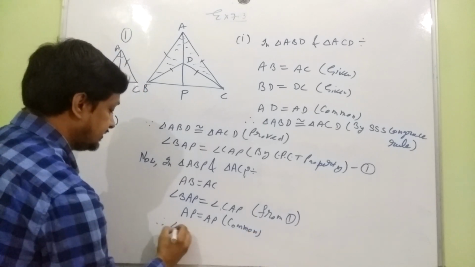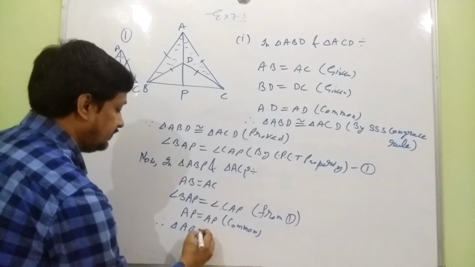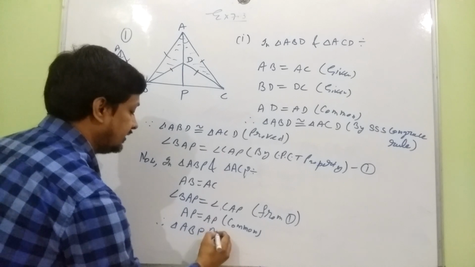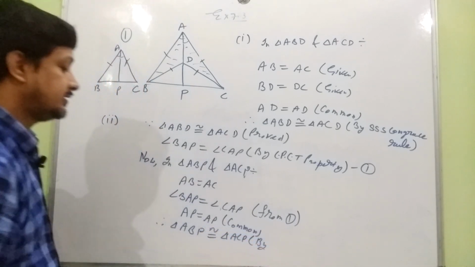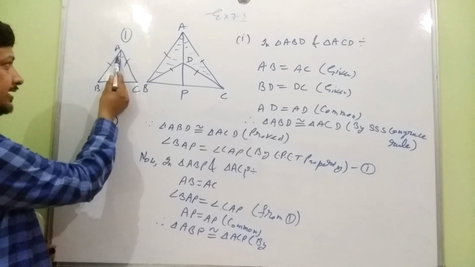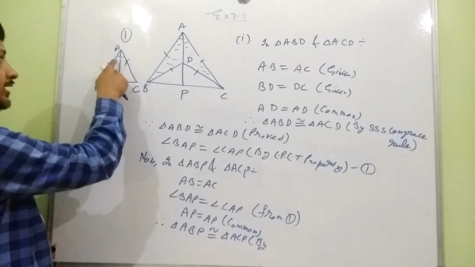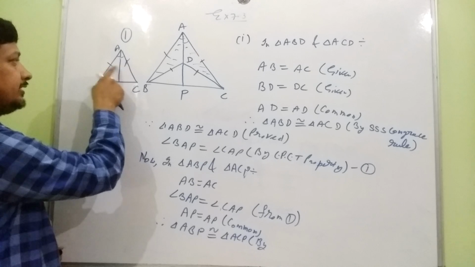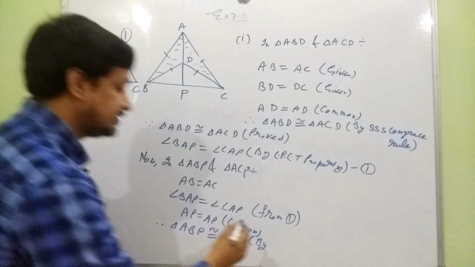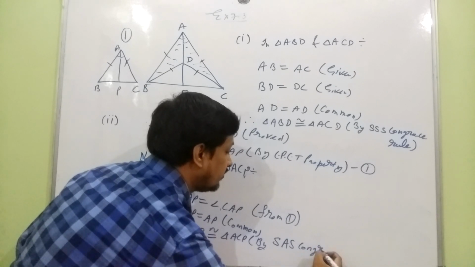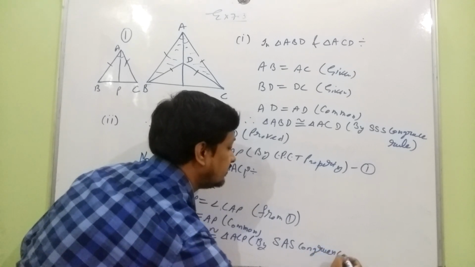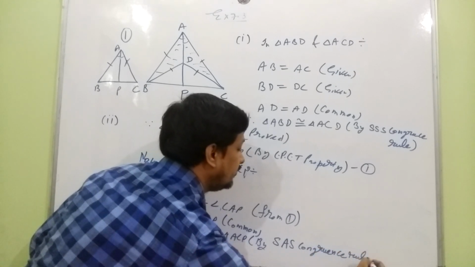So now we can say triangle ABP is congruent to triangle ACP. By which congruency? Just see, side, angle, side. Okay, the angle is included between the sides. So side, angle, side. By SAS congruence rule.